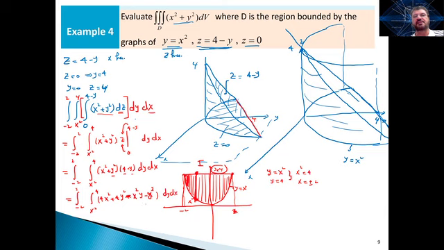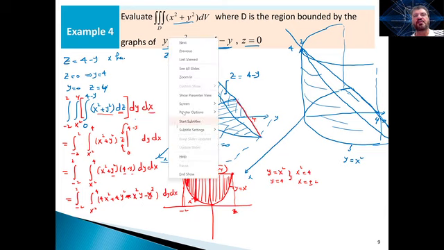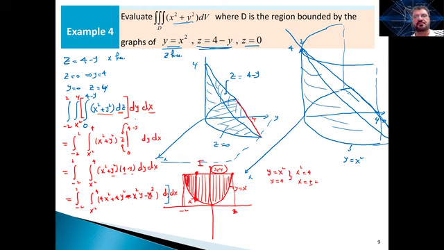dy dx. Now what do we integrate for? We integrate for y. So this is equal to the integration of negative 2 to 2. The integration of 4x squared is 4x squared y. What's the integration of this? Plus 4y cubed over 3. What's the integration of this?